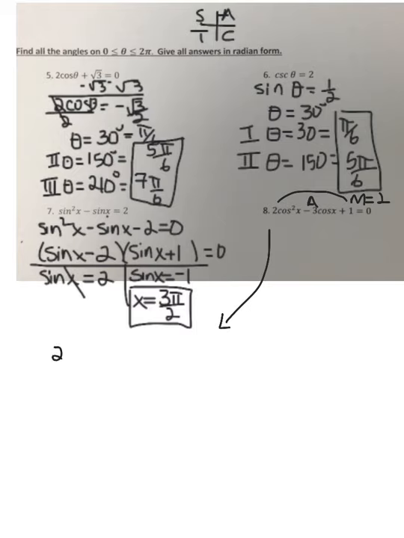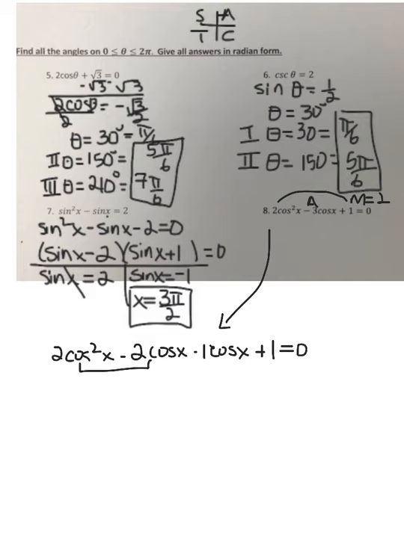So we drop the first term down, so that's 2 cosine squared x. And then I'm going to have -2 cosine x minus 1 cosine x, because those two add to -3 and they multiply to a +2. Then you drop down the last term.